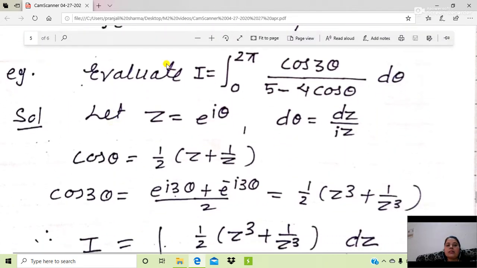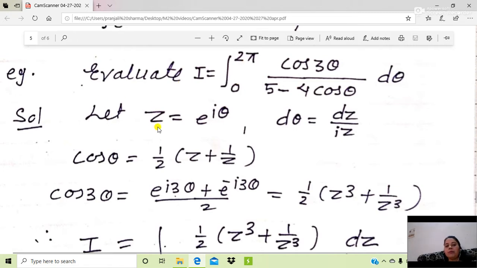So, in this example, we have to evaluate an integration, that is, the integration of cos 3 theta upon 5 minus 4 cos theta with respect to theta between the limits 0 to 2 pi. As we can see, it is a function of sine theta and cos theta, and the integration has limits 0 to 2 pi.